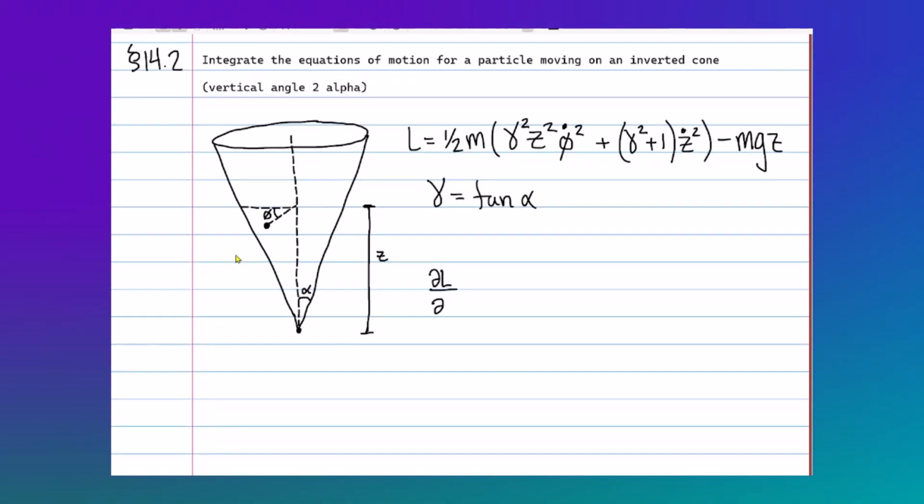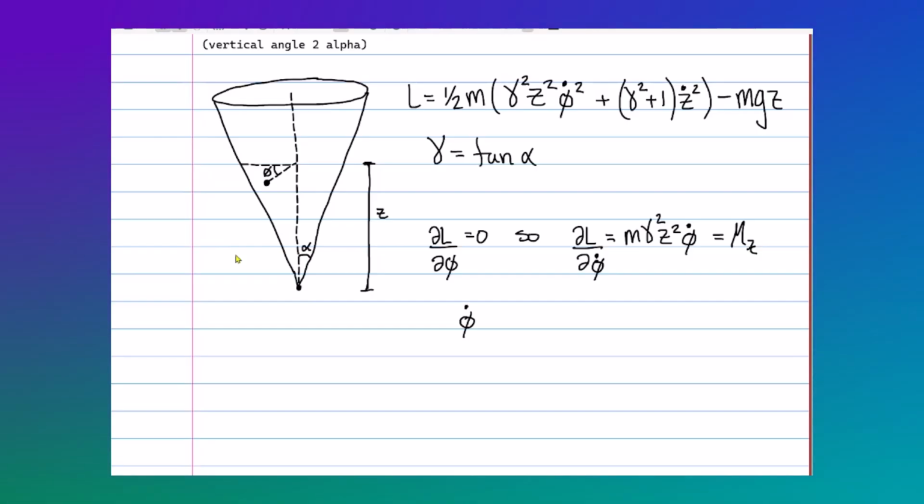Next, we can notice that the Lagrangian does not depend on the variable phi, which makes it cyclic. It gives us a conserved quantity. That conserved quantity will be the angular momentum around that central axis. So denote that capital M subscript c, and it will be a constant.